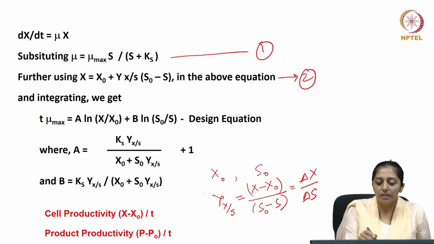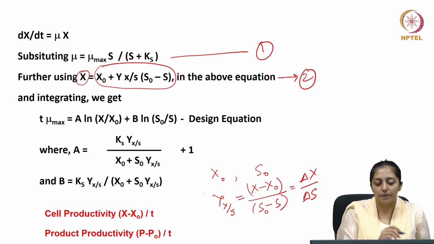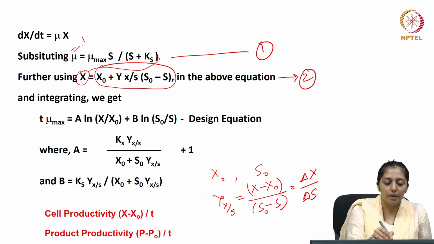So, now using these two equations, where mu can be substituted as 1 by x dx by dt, we do the rearrangement so as to bring this x variable in terms of S, and then substitute this x in terms of S in equation 1 and integrate, where mu is 1 by x dx by dt.